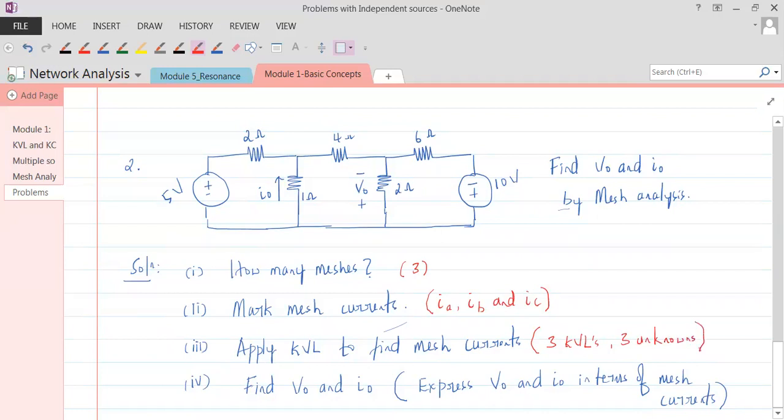With 3 equations and 3 unknowns, you can easily find them using the calculator. I'm again telling you, you have to learn the usage of the calculator by looking into the videos that I have posted in your group. Once you have your mesh currents IA, IB, IC, you can express V0 and I0 in terms of IA, IB, IC. With that, finish this off, and let's meet again and discuss some more things in the next class.